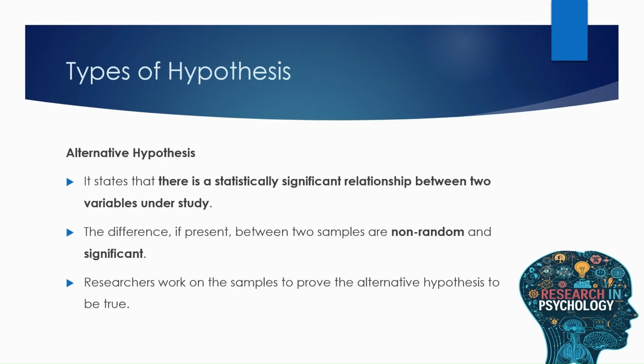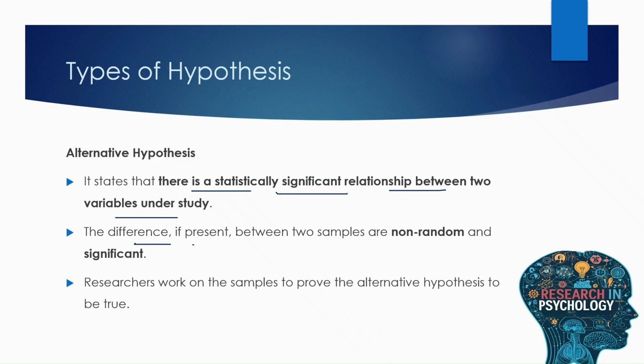Alternative hypothesis states that there is a statistically significant relationship between two variables under study. So null hypothesis was stating what? That there is no significant relationship between two variables under study, right? Here, alternative hypothesis states that there is a significant relationship between two variables under study.